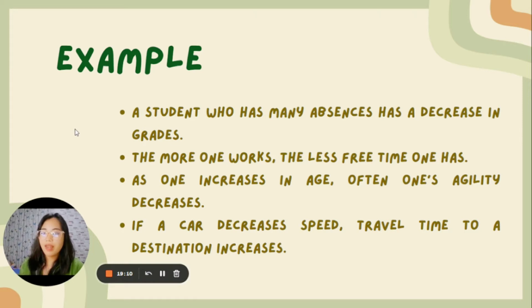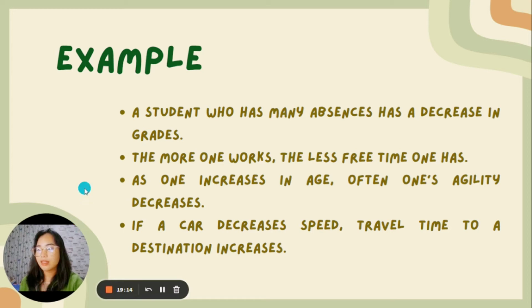When we say many, it is a lot, so it has a high value, and when it has a high value, it is increasing. So if the number of absences is increasing, then the other variable, his grade, is decreasing. So they are opposite of each other.